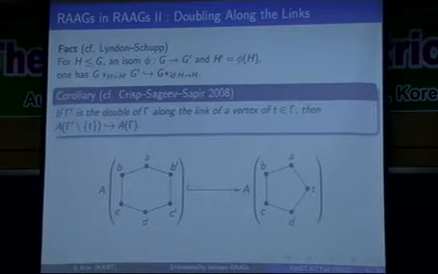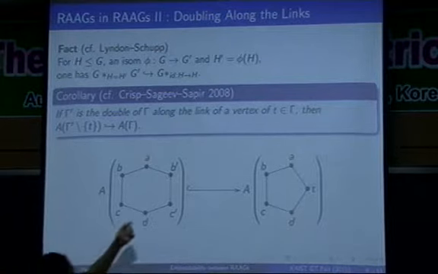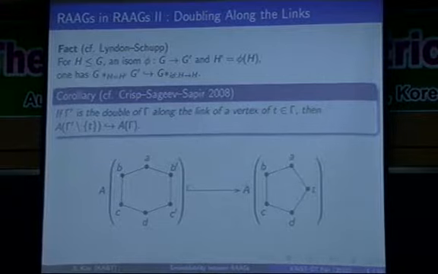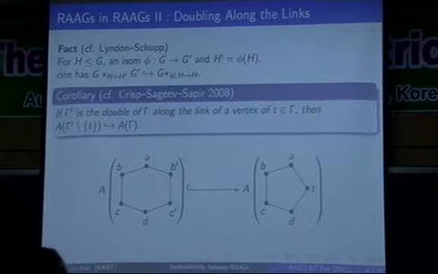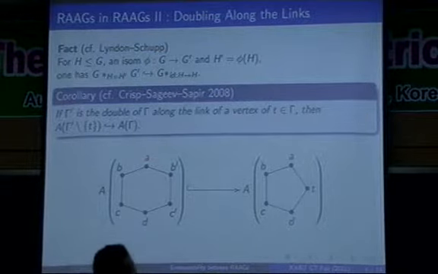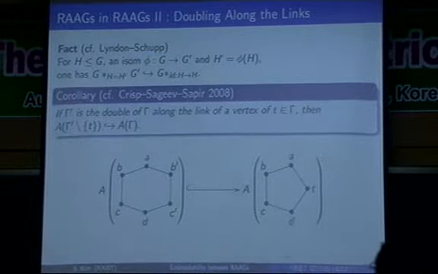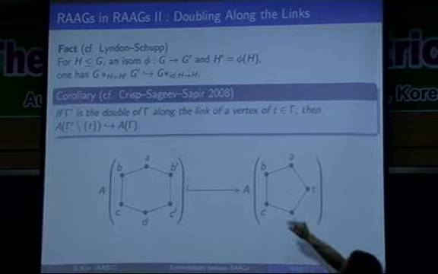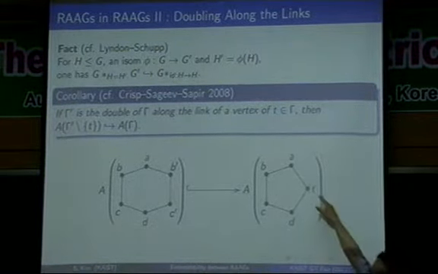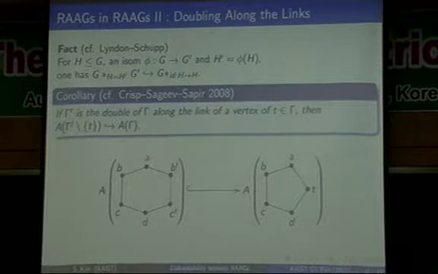So in the case of, say, let's consider this 5-cycle. Let's say gamma is this 5-cycle. Now what we're going to consider is this Artin group as the HNN extension of the subgroup generated by A, B, C, D, and attach a stable generator T, amalgamated along A and D.